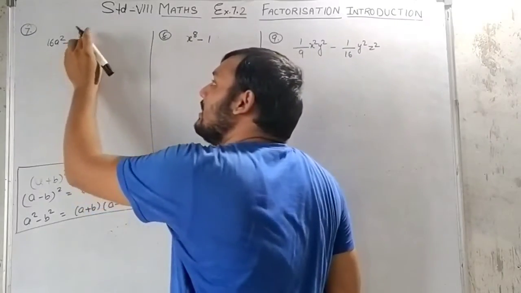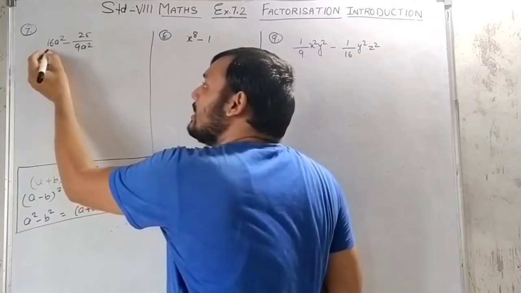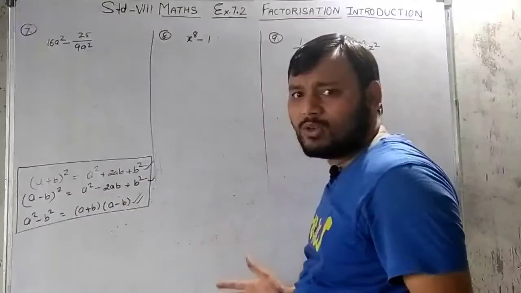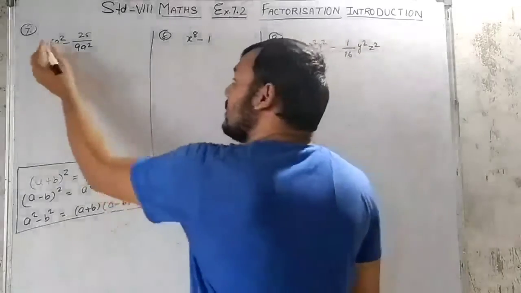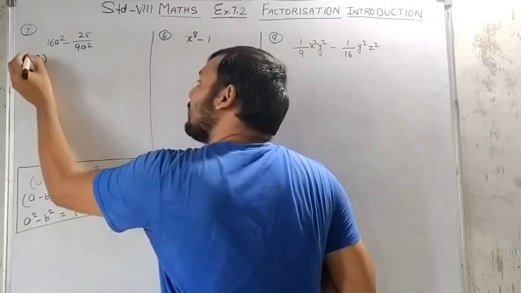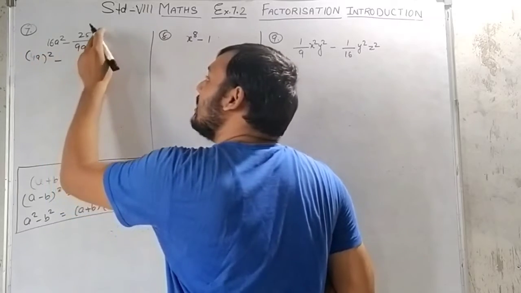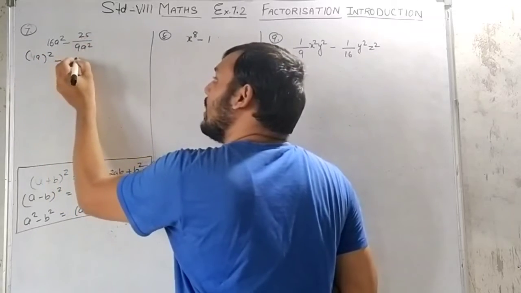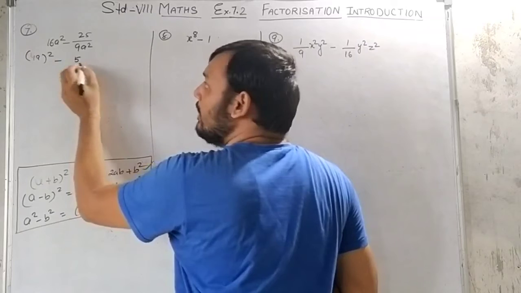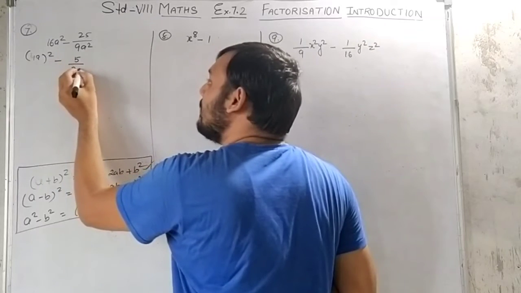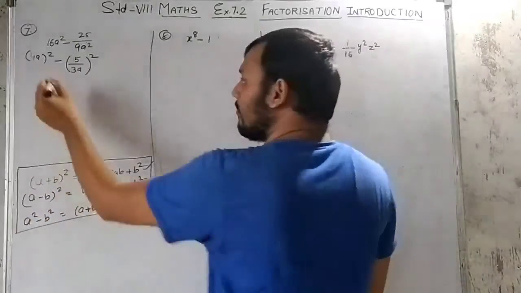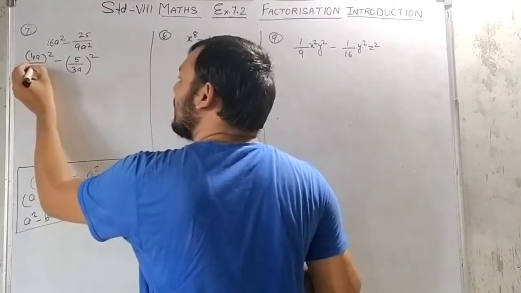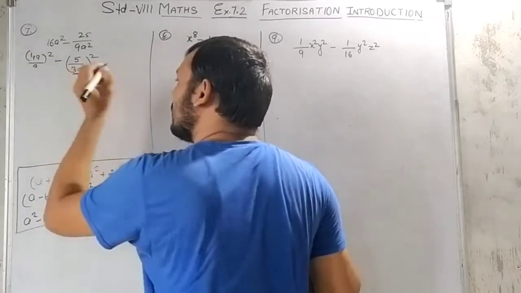16a square again minus 25 by 9a square. You have done so many questions already, so I hope you got the idea. This 16a square we can write as 4a whole square, this 25 we can write as 5 whole square, and 9a square, it means 3a whole square. So this one I am going to consider as a, and this part I am going to consider as b.